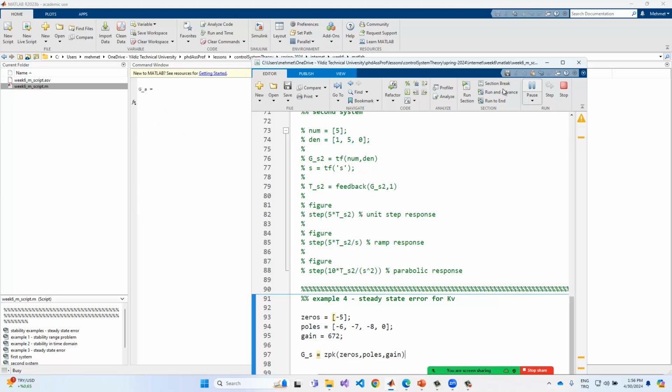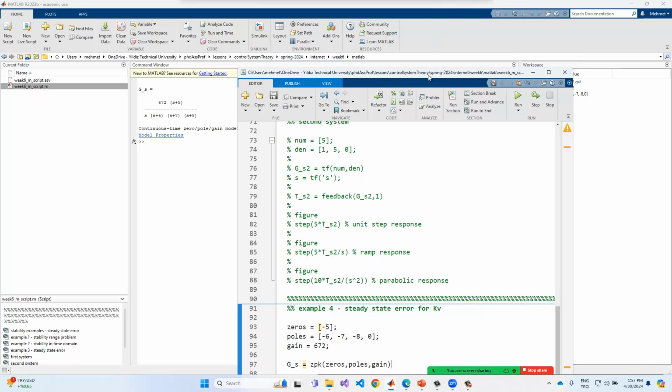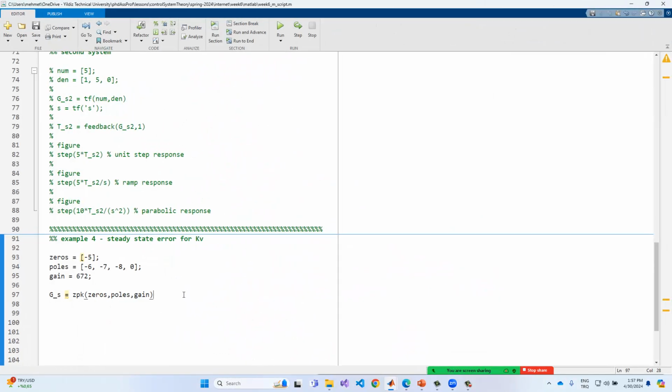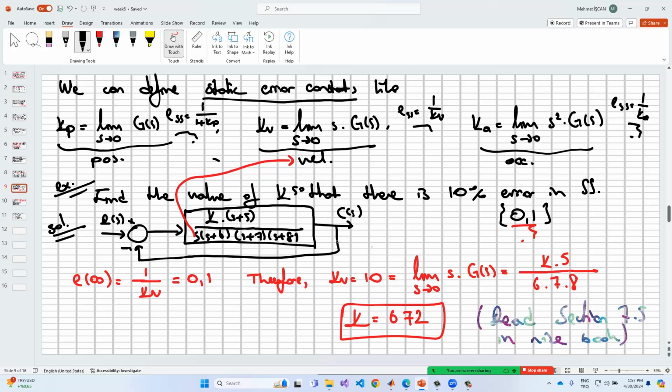And so if I run this code, and then the 672 times S plus 5 and S plus 6, S plus 7, and S plus 8, okay? These are the signal. And then suppose that we generate the unity feedback signal in here, just like this one, because we have the unity feedback in here.